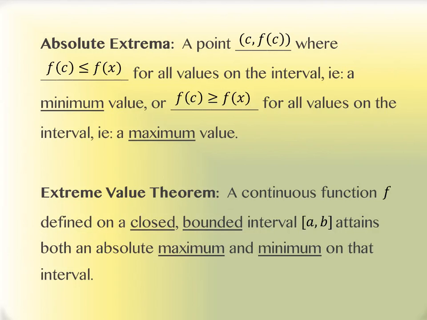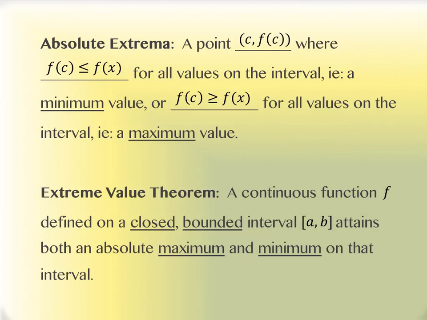All right, we're going to talk about another kind of extrema next. Our next kind of extrema is called an absolute extrema. So absolute extrema is the actual biggest value on the entire graph, or smallest value on the entire graph.